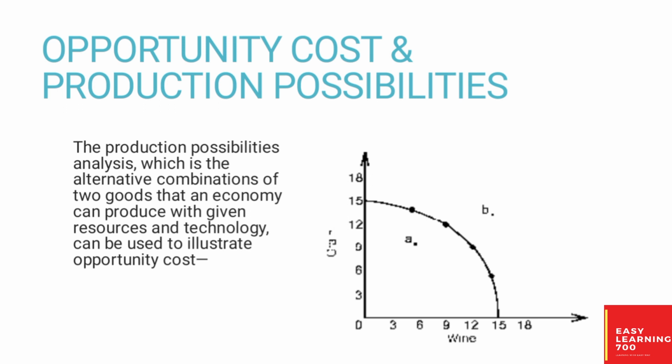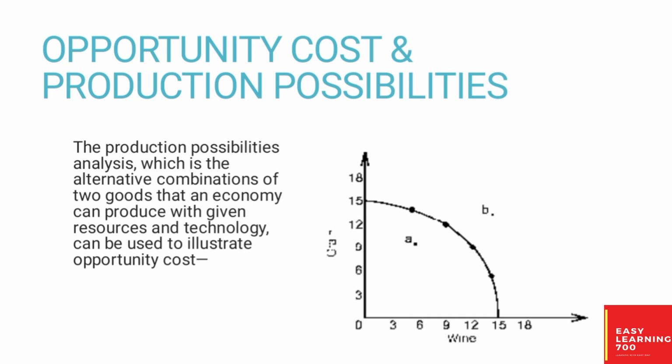So you can see the graph, and in the graph you can see point A and point B, and there is a curve between both of these points. Point A, which is within the PPF curve, also known as the PPC curve, represents the inefficient use of resources. Because the economy is not utilizing all its available resources effectively.